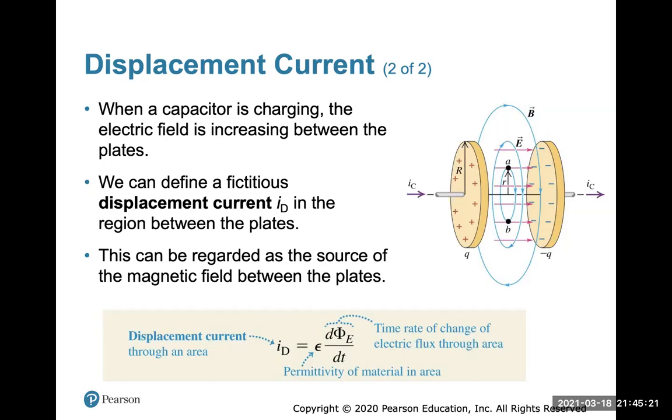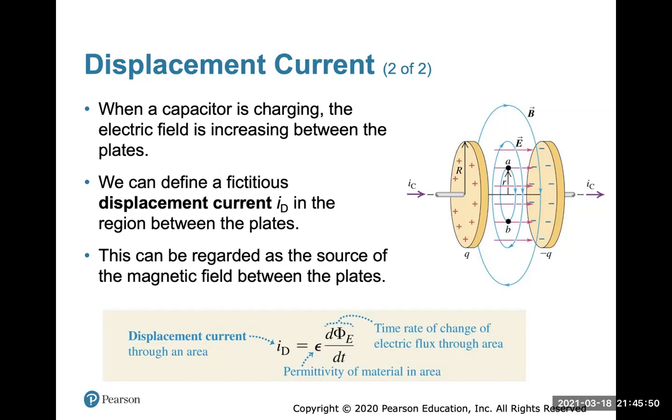That there is an effective current that creates the magnetic field we can imagine. The magnetic field, in fact, is created purely by the changing electric field between the two plates. And this magnetic field has been measured. So this is a very real thing.